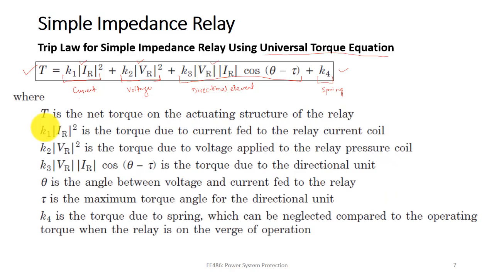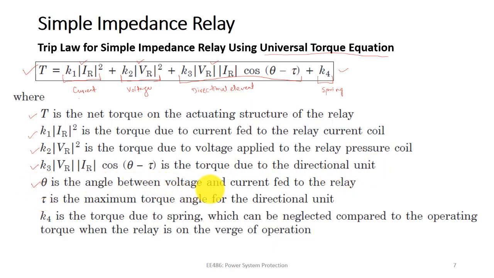So T is the net torque on the actuating structure of the relay, and K1 IR square is the torque due to the current fed to the relay current coil, and K2 VR square is the torque due to the voltage applied to the relay pressure coil, and K3 VR IR cos(theta minus tau) is the torque due to the directional unit or directional element.